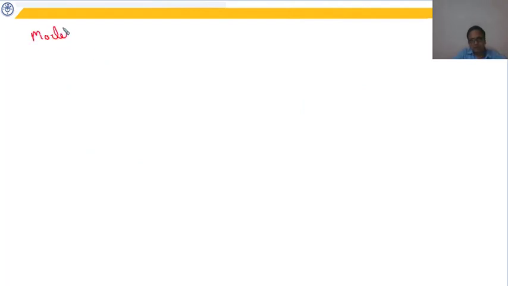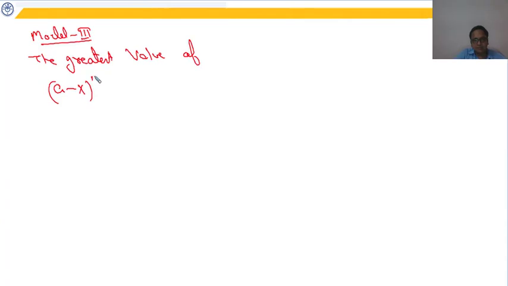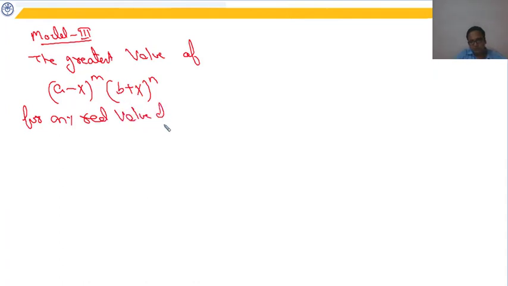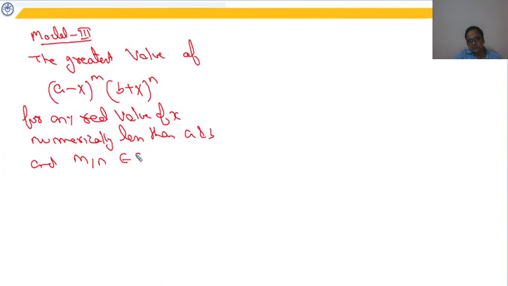Then model 3. It says the greatest value of a minus x to the whole power m into b plus x to the whole power n, for any real values of x numerically less than a and b, and also given m, n belong to positive integers, occurs when a minus x upon m is equal to b plus x upon n.